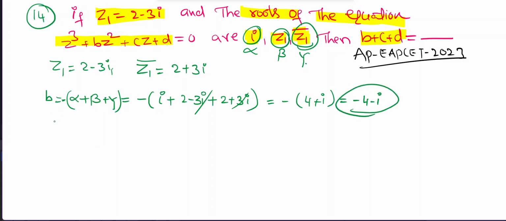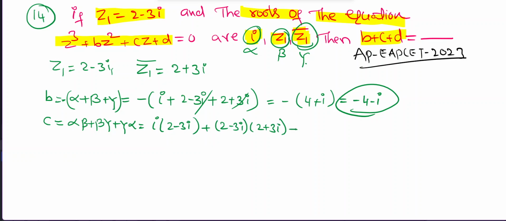And c is equal to the sum of the products of the roots taken 2 at a time, that is alpha beta plus beta gamma plus gamma alpha. Alpha beta is i into 2 minus 3i. Beta gamma is 2 minus 3i into 2 plus 3i. Gamma alpha is 2 plus 3i into i.